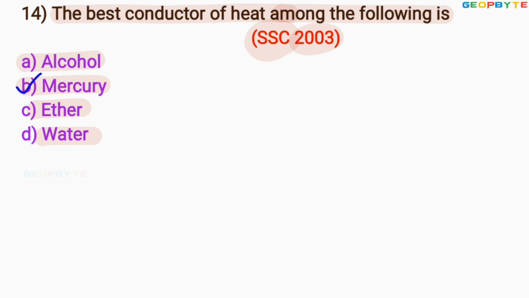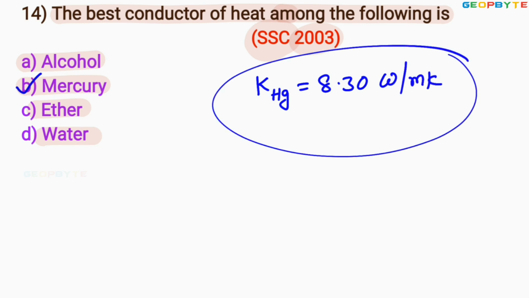The thermal conductivity, generally denoted by K, for mercury is 8.3 watts per meter Kelvin. Because of high thermal conductivity, the heat transfer in the mercury is very high comparatively to other liquids.